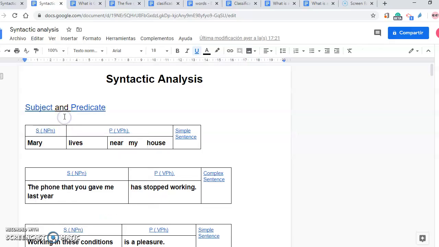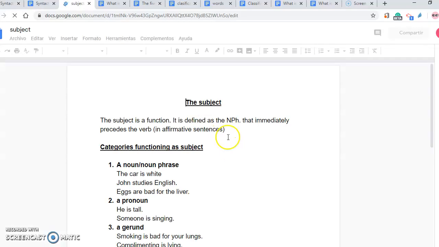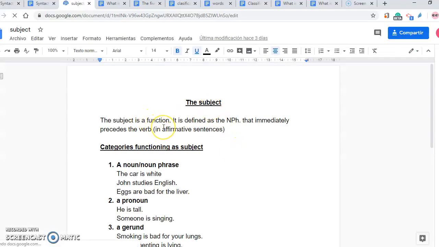Now, what is the subject? Let's see. The subject is a function, and it is defined as the noun phrase that immediately precedes the verb. This is one of the definitions of the subject.